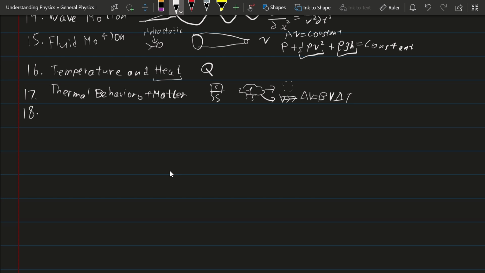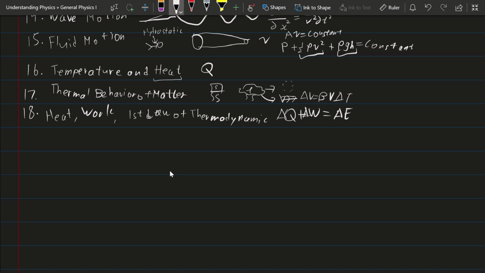The 18th chapter will discuss heat, work, and the first law of thermodynamics, which is one of the most known laws of thermodynamics, which is that Q plus W, the change of it, is always the change in the internal energy.